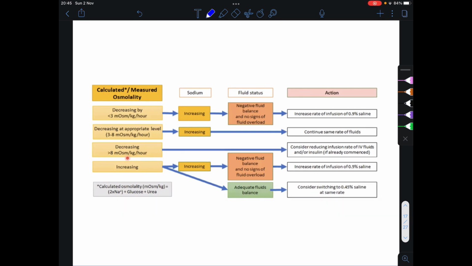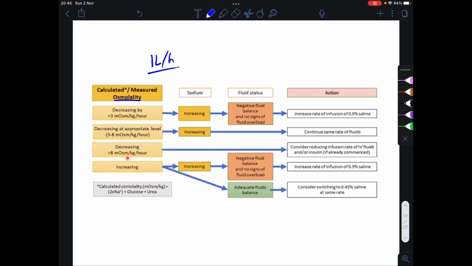Now, to summarize the fluid therapy that you're going to be giving this patient: you give 0.9% normal saline in the beginning, 1 liter per hour, and then you monitor the osmolality.